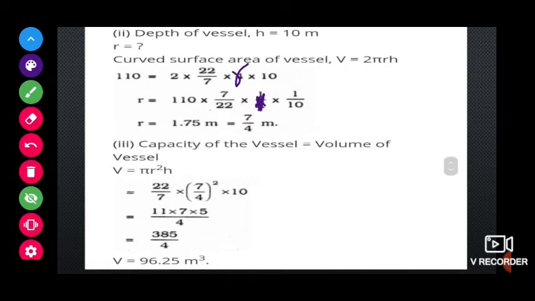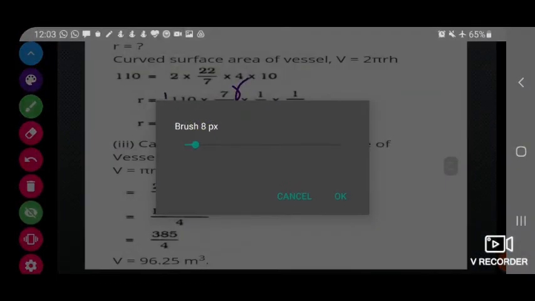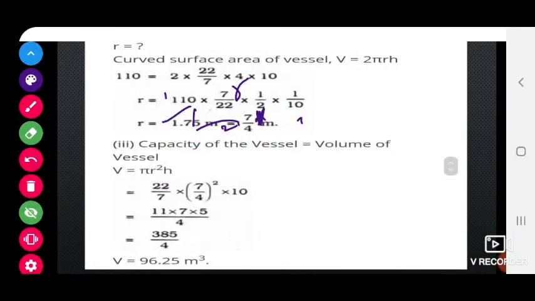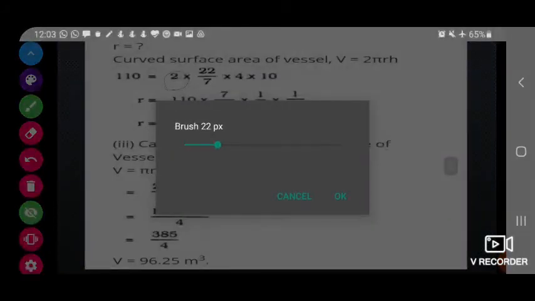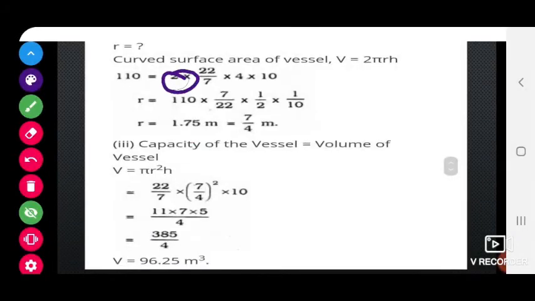Now if we do cancellation, 1 0, 1 0, the remaining 11 ones are 11, 11 twos are 22. Here this 2, if it goes that side, 1 by 2. That is a 1 by 2.